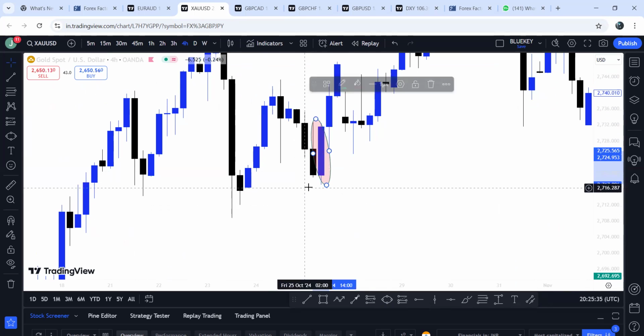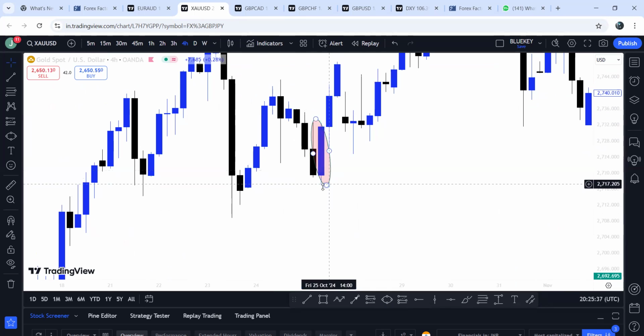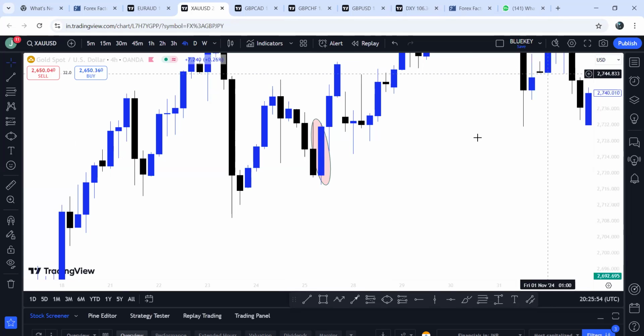Yes, it's just the last two candles, right? So this is the last selling candle, and then this is the candle engulfing it, like 2 times of it. Sometimes it may not be exactly 2 times of it, but as far as the candle is longer than the previous selling candle, that is an engulfing candle.